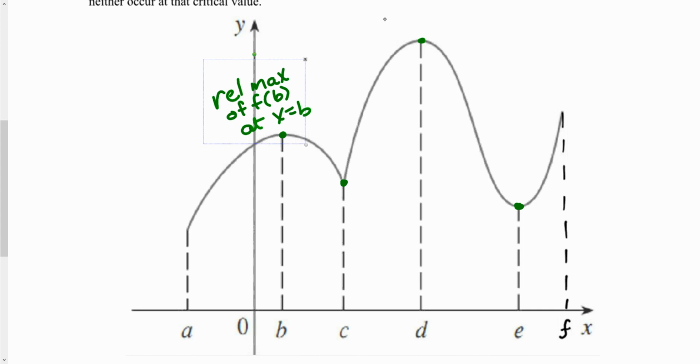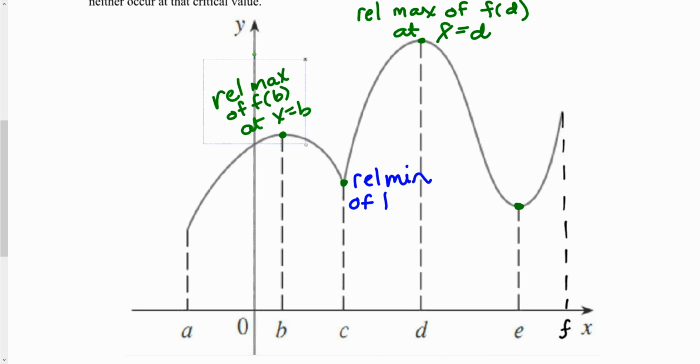Up here we'd have a relative max of the y value f of d at x equals d because there are no y values greater than that point. Down here we'd have a relative minimum of f of c at x equals c because there are no y values lower than it in that immediate area.